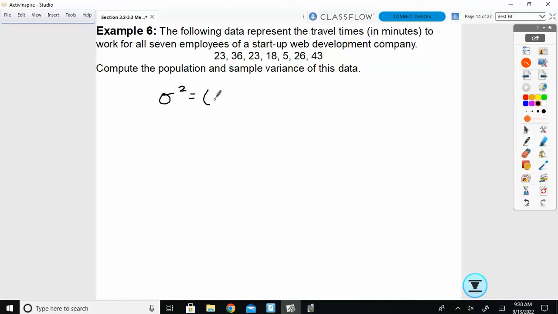So the population variance is sigma squared, so I'm pulling that. What did I just say? 11.569, is that what we said? Sorry, I don't remember. Okay, and then we square that.